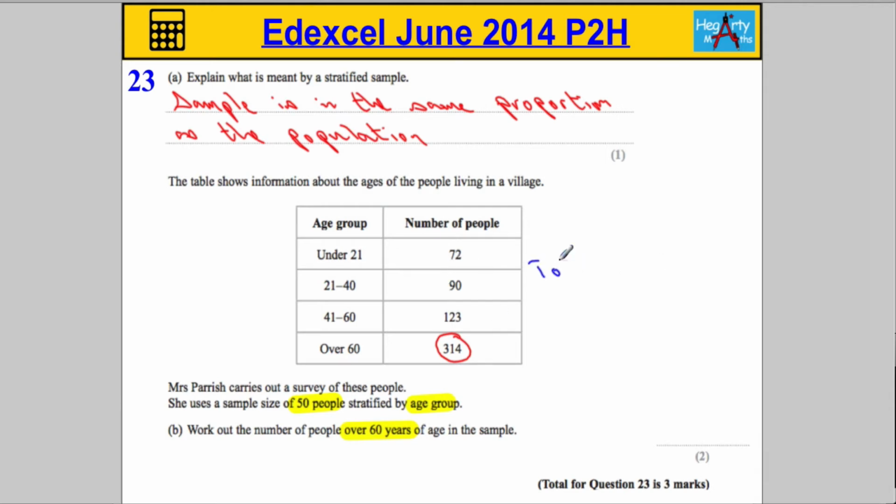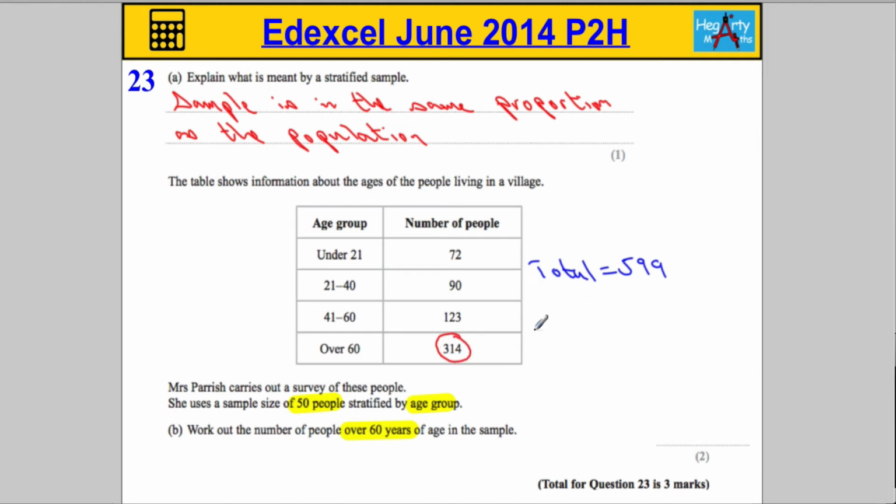So the total number of people is going to equal, I'm going to add these up, 2 and 3 is 5, 5 and 4 is 9, 7 and 9, 16, 17, 18, 19, and then carrying 1 over, 1 and 1 is 2, 2 and 3 is 5. There is 599 people in the group. Now I want to know how many are going to be over 60.